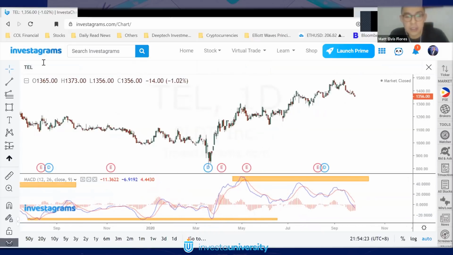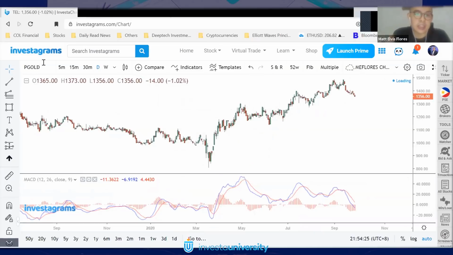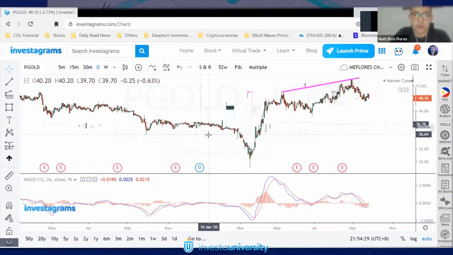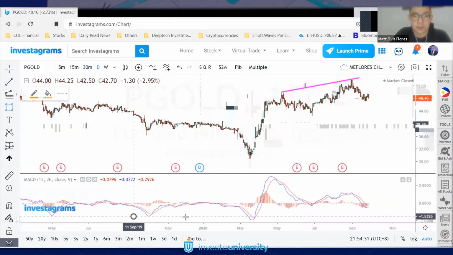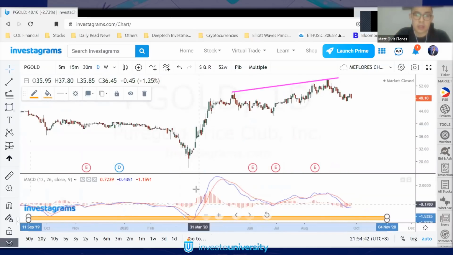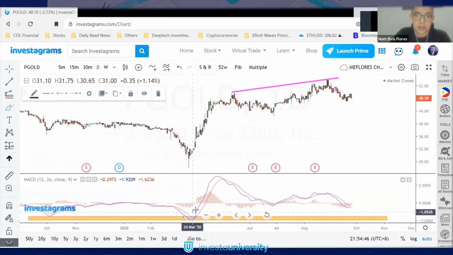So another example, your gold, let's say. Diba? So yan, oversold condition. Diba? You have your oversold condition and then nag-rally naman yung isang stock. So again, this is your MACD crossover, diba?